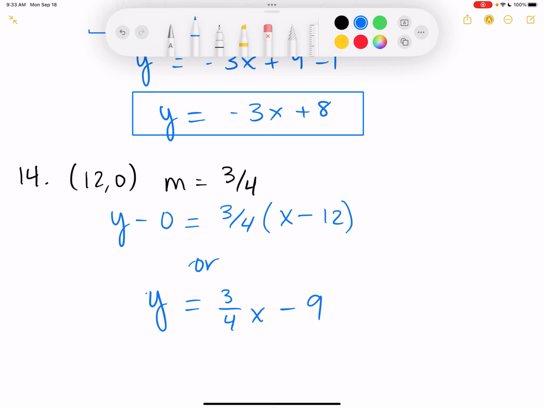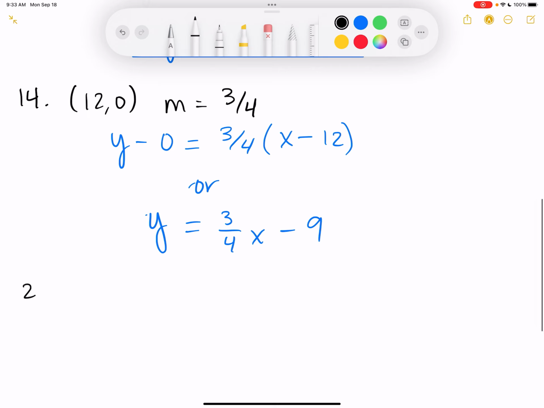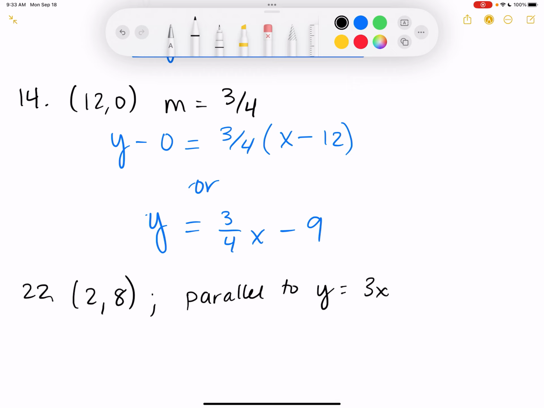All right, the next thing is write an equation of the line that passes through the given points and satisfies the given condition. So it says something like with 22, the point (2, 8), and then it says parallel to y equals 3x minus 2. So our line needs to go through this point and it needs to meet the given condition.